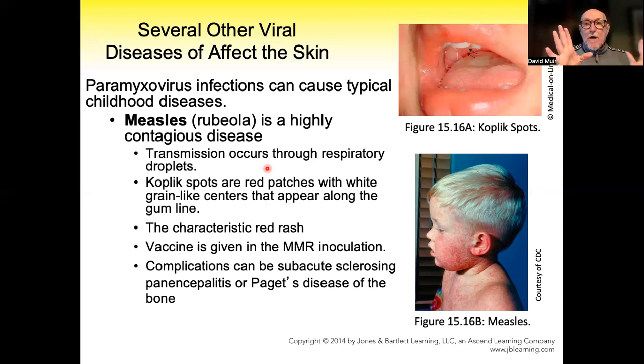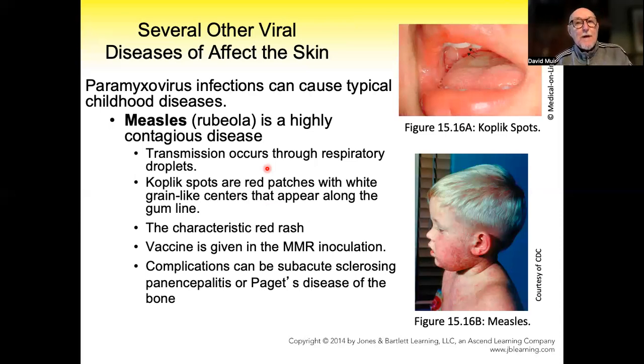Now, quite apart from the fact that it's inherently a dangerous disease, measles can also produce, I have mentioned this before, it can go into a state where it remains active in the body at a very, very low level, and years later, if not decades later, can cause this terrible neurological disease, which has about 100% mortality, called subacute sclerosing panencephalitis.